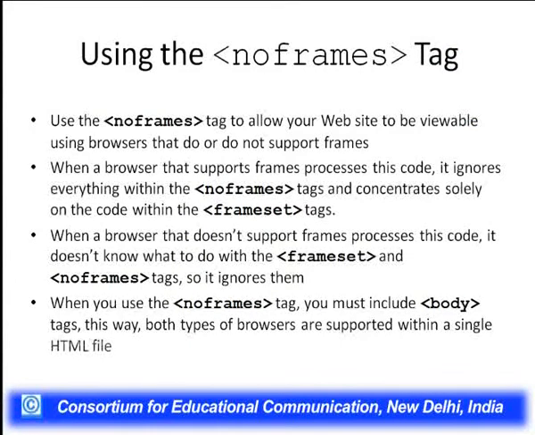Besides this we can also use the noframes tag. The noframes tag, as we had discussed, will allow the user of a browser which does not support HTML frames to see a message that the website is not showing appropriately because it is using frames. So, we can use the frames and the noframes tags.